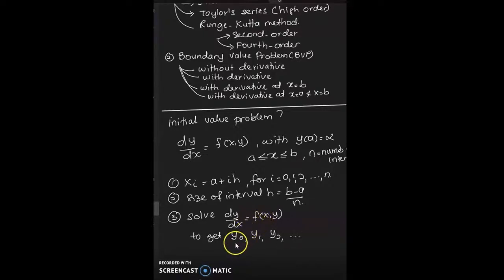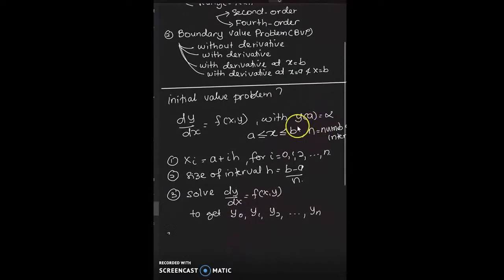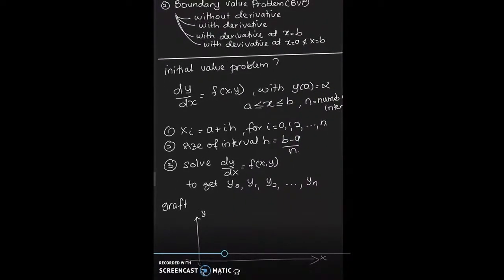So you focus on this formula, and you know what y naught is: y naught is alpha. What is x naught? x naught is a. What is the function for you to find the initial value problem? Because we want to find the temperature behavior, the y.